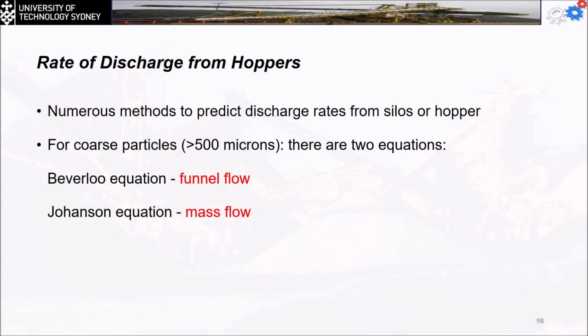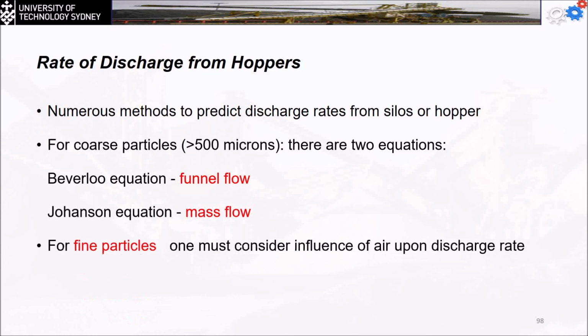The first one is the Beverloo equation for the funnel flow, and we have the Johanson equation for the mass flow. Usually you would like to have mass flow. For the fine particles like the powder, one must consider the influence of the air upon the discharge rate, because the air will try to prevent the powder from flowing down.